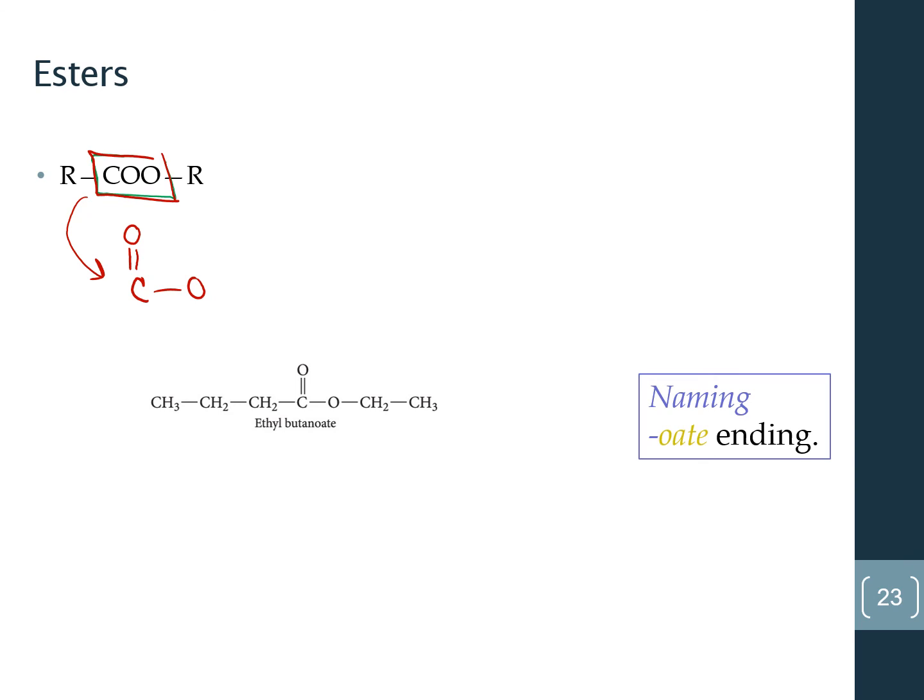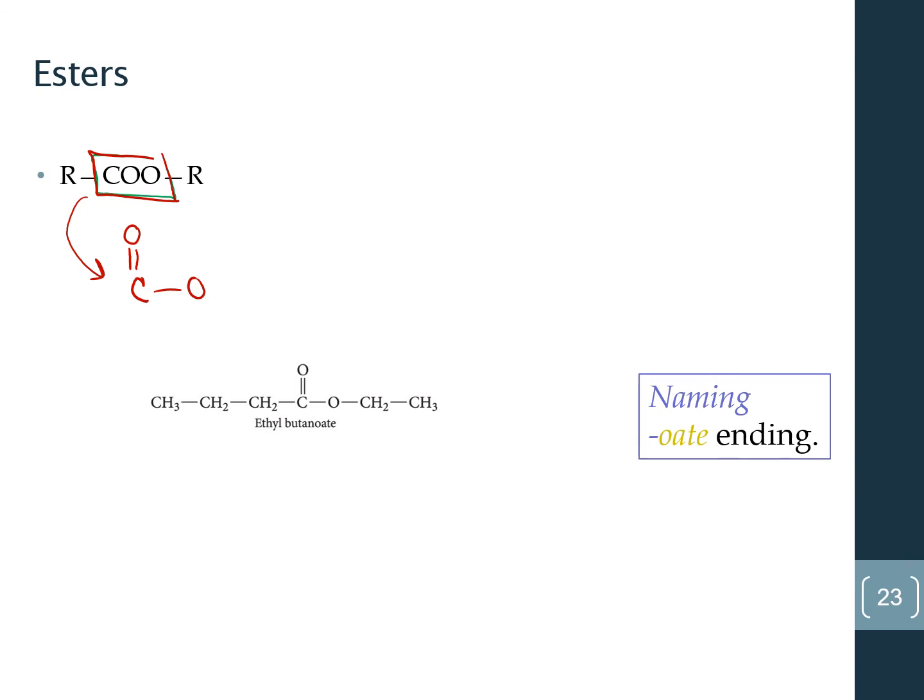So when you have esters, you do have a carbonyl, and that carbonyl is bonded to an oxygen atom. You remember we started with compounds containing a carbonyl. The first two that we did were aldehydes and ketones. For aldehydes, your carbonyl is bonded to hydrogen.